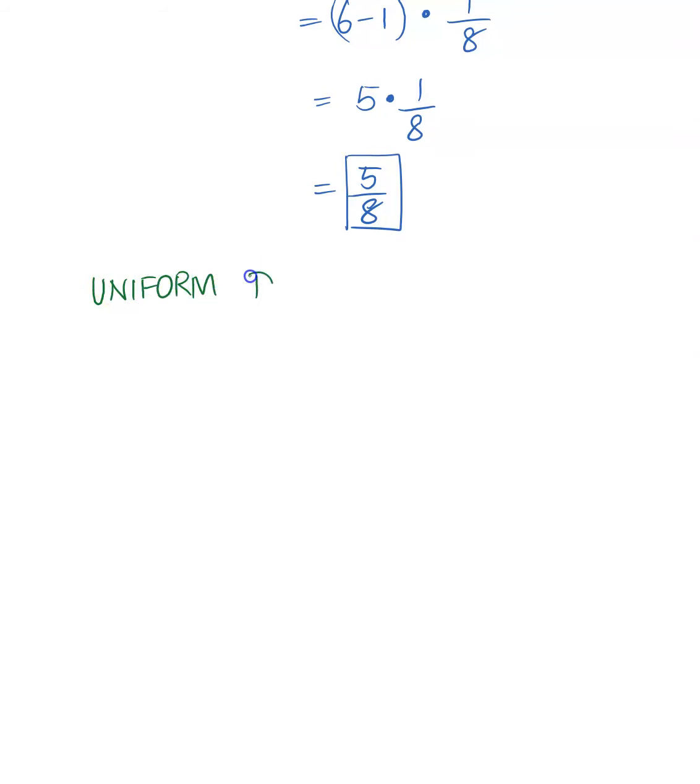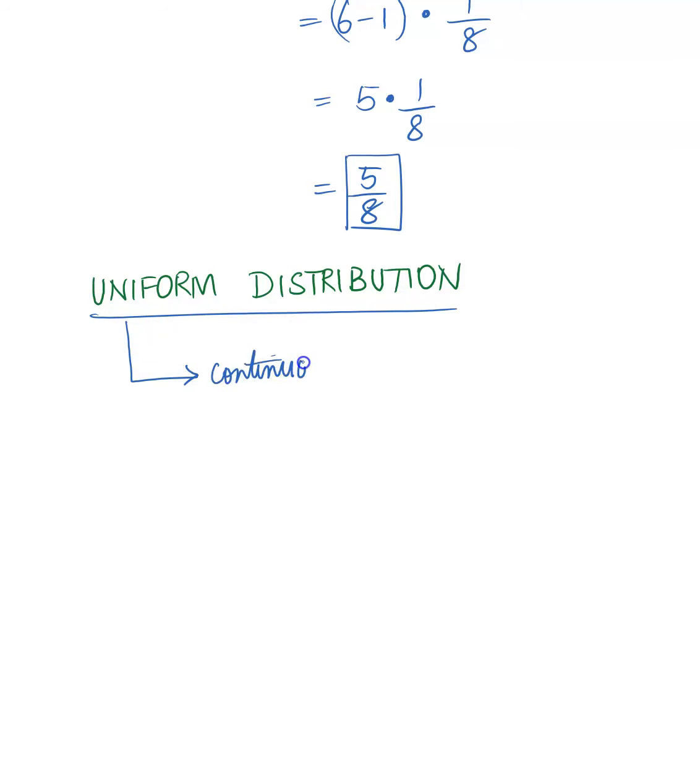Uniform distribution. As the name says, something is uniform here. Something will behave uniformly. Right? So let me start off by saying, first of all, this is related to a continuous probability distribution, because it's not a discrete probability distribution.